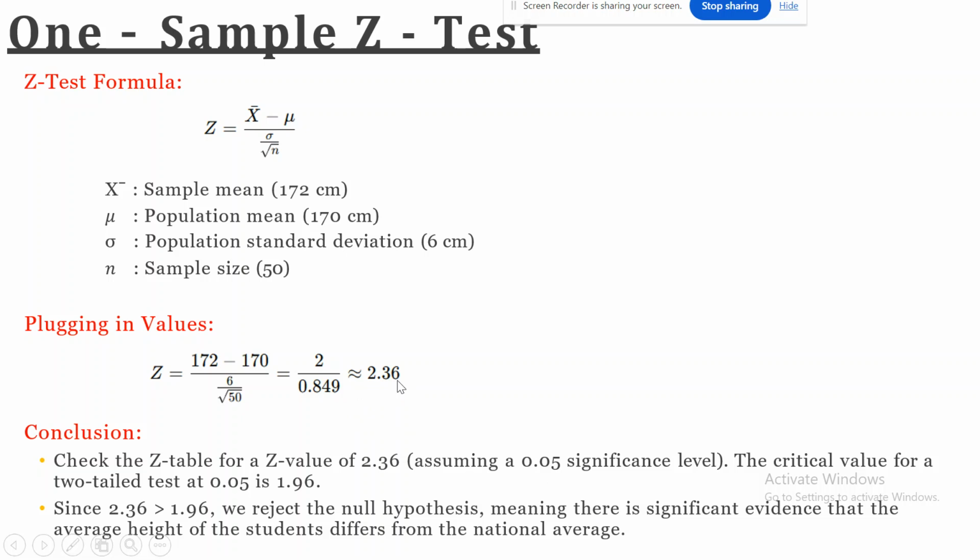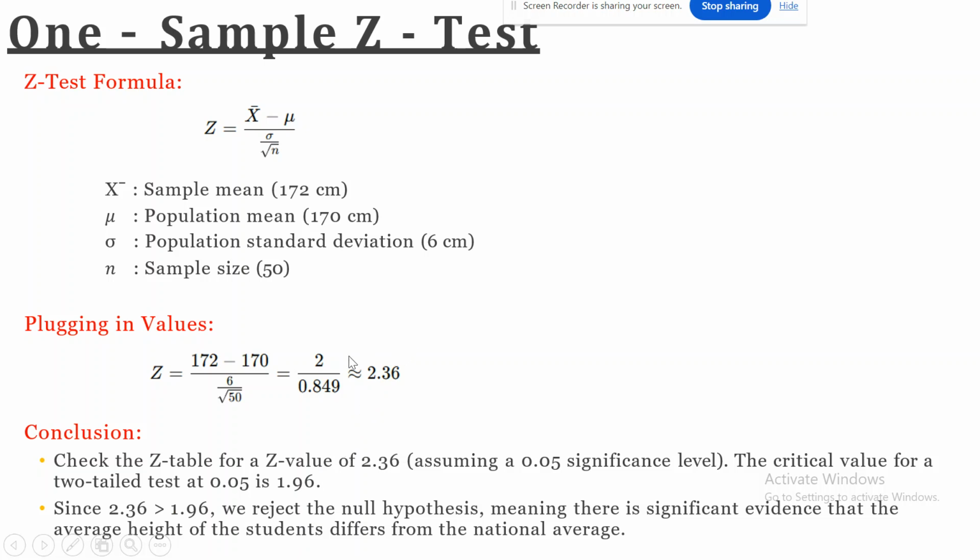You can take it from the internet, and in the z table we compare this value to 1.96, which is quite a bit smaller than 2.36, so we reject the null hypothesis.